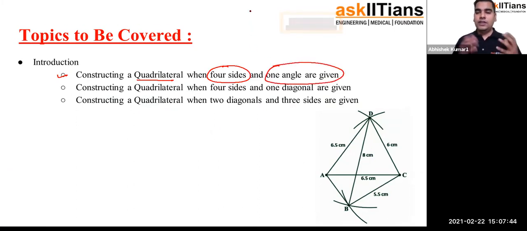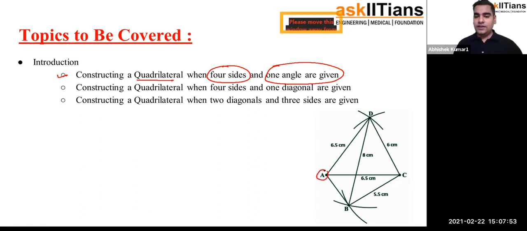We know what a quadrilateral is. A quadrilateral is a polygon which has four sides, right? For example, you can see here this figure ABCD. This represents a quadrilateral, a closed figure bounded by four sides.